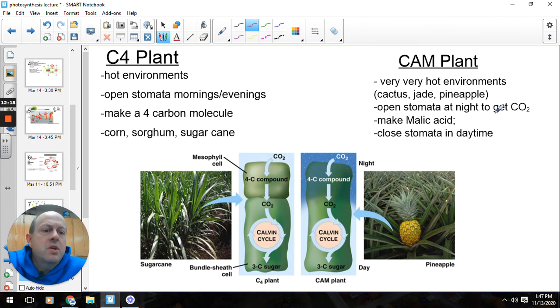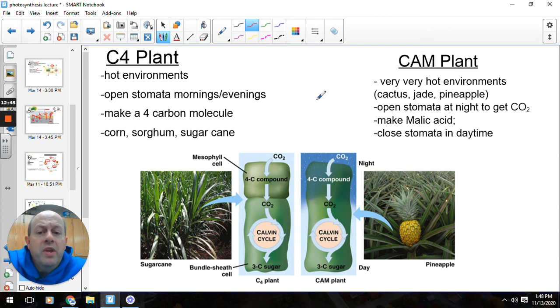An oak tree, a rose bush, dandelion, those would all be C3 plants. And so when things are running normal, we do light reaction in the day, we do Calvin cycle in the day, and then remember the stomata is what brings in the carbon dioxide and gives off the oxygen. And that can happen in the day because that's when we're doing the Calvin cycle to need that carbon dioxide.